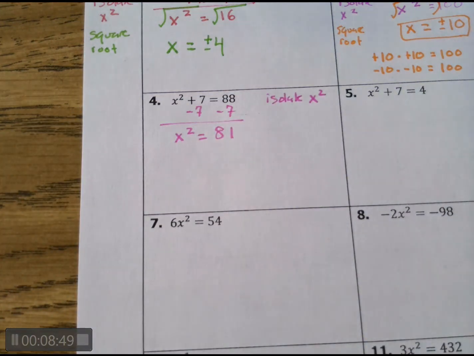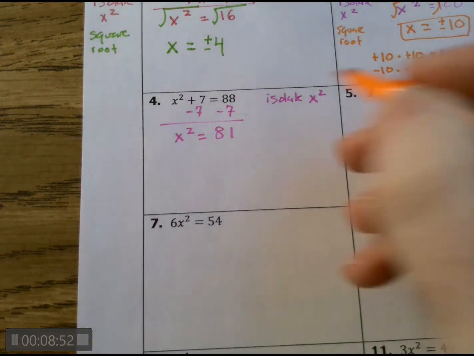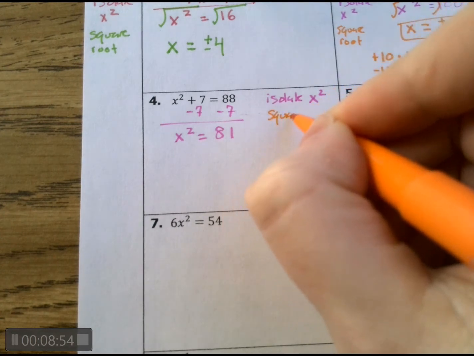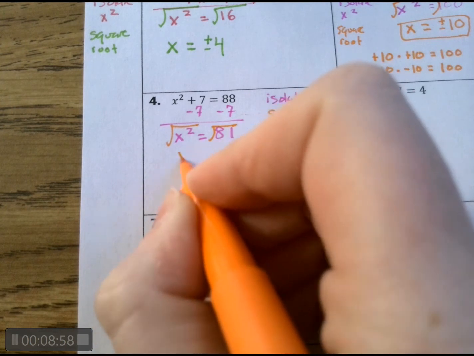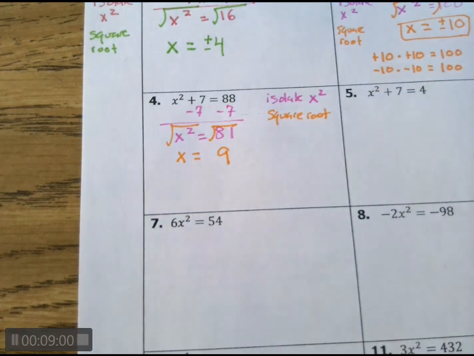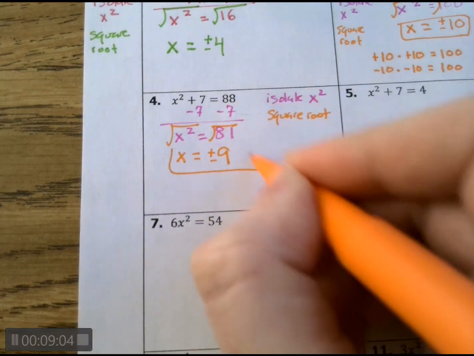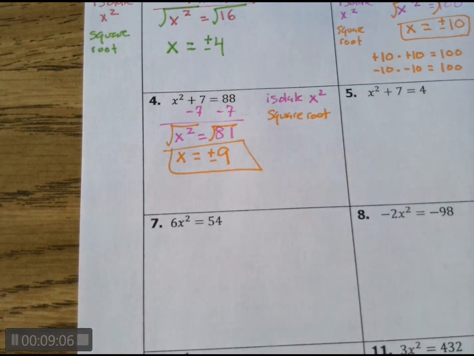Remember, whoops, sorry, I forgot to write it on my paper. Square root of both sides, and we'll get x equals 9. But remember, you have to put the plus or minus. Okay, your calculator is not going to tell that for you. And yes, you do have to put the plus or minus, otherwise it will be wrong.